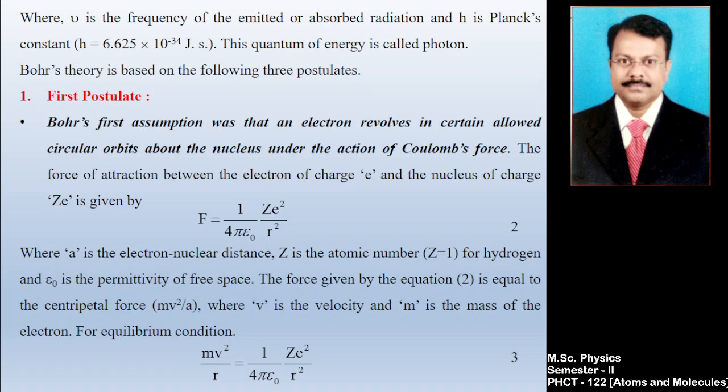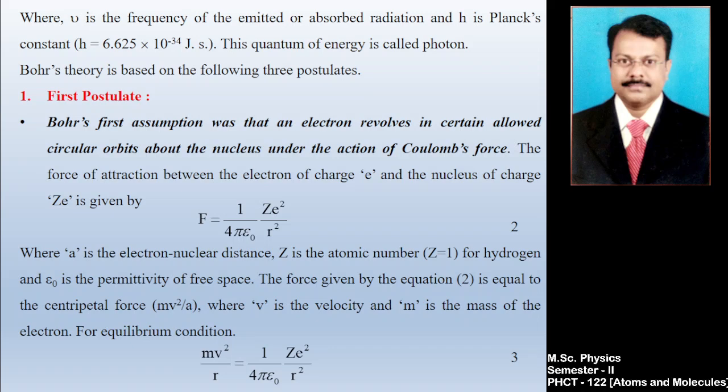The force given by equation 2, capital F, is equal to the centripetal force mv square upon r. Here r means the electron-nuclear distance, v is the velocity and m is the mass of the electron. This is shown in the diagram.